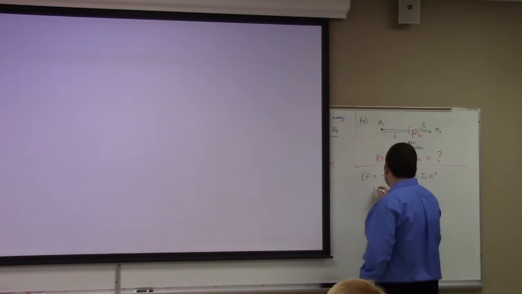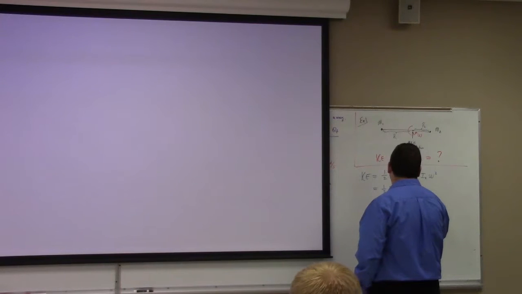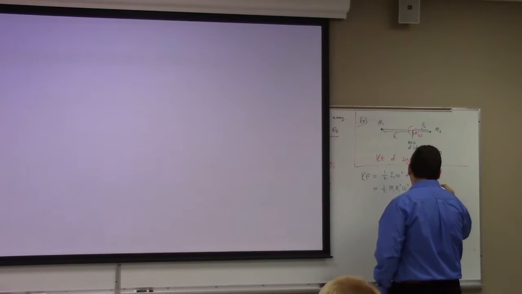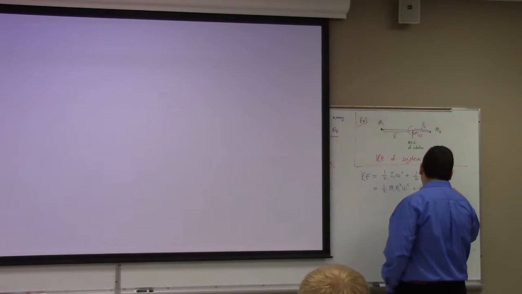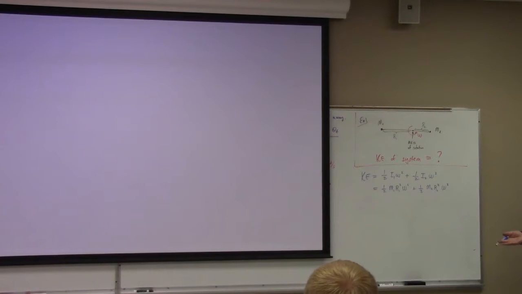What is the moment of inertia for M1? M1 R1 squared, omega squared, yeah. And then 1/2 M2 R2 squared, omega squared, right? And so that would be it. That would be the kinetic energy.